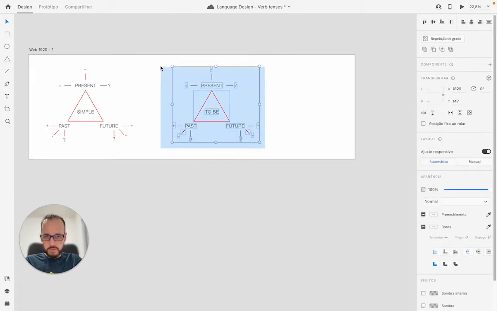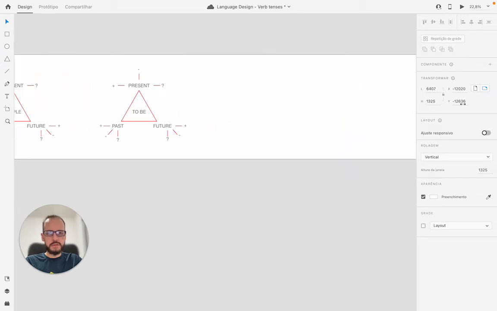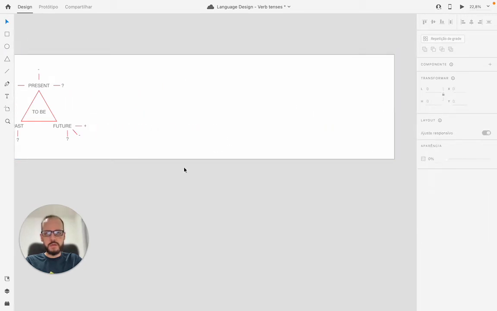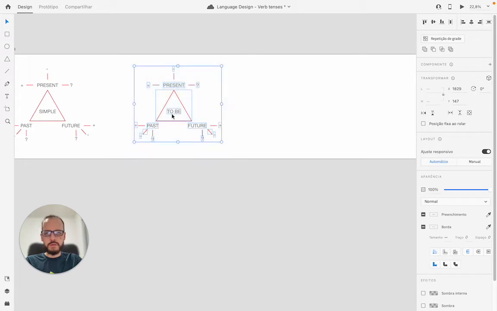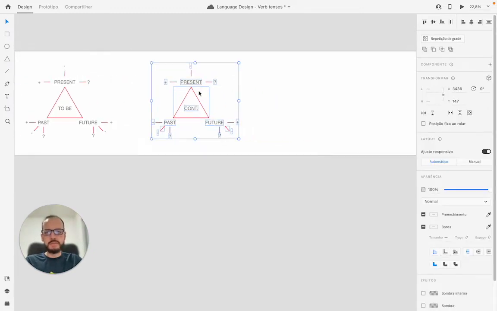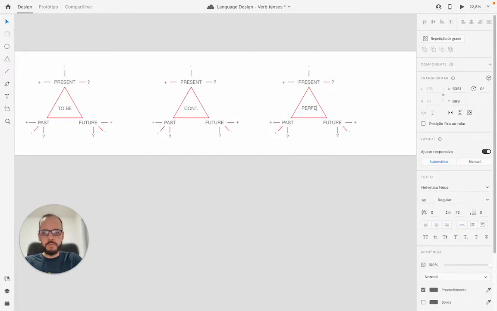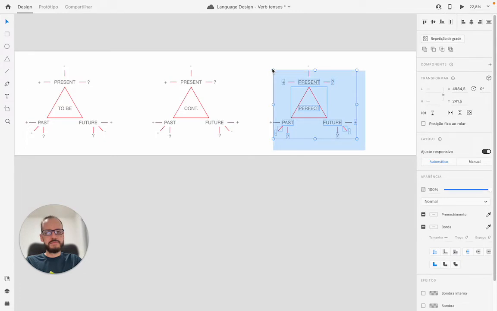I'm going to make my screen bigger here because I want to put more here, because we also have something we call continuous, and we also have something we call perfect simple.